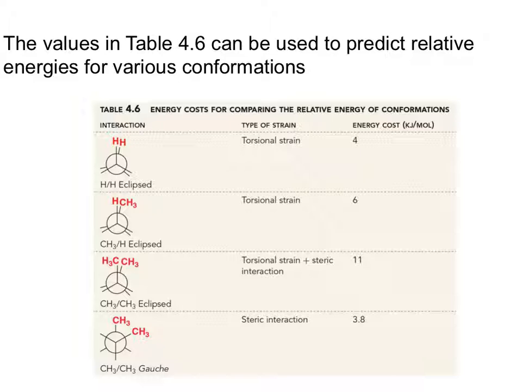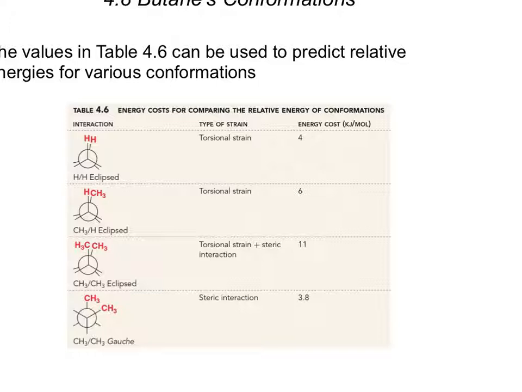Now, one thing I want to note is that the book doesn't give you any more values. If we want to move out to, let's say, pentane or hexane and continue to add on these groups, the book doesn't tell you what these will cost. But what I will say is, overall, the more carbon groups added, the more CH3 or CH2, the larger the energy penalty, for both the eclipsing conformations as well as the Gauche interaction.